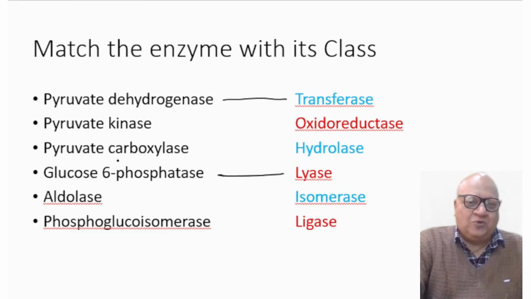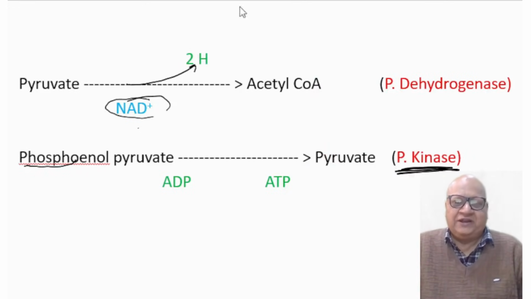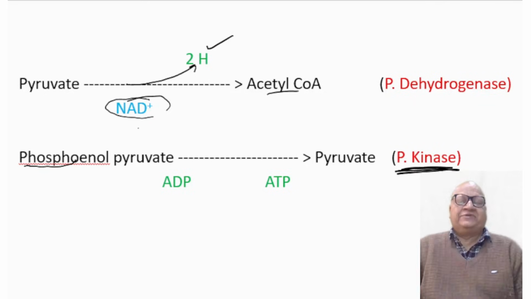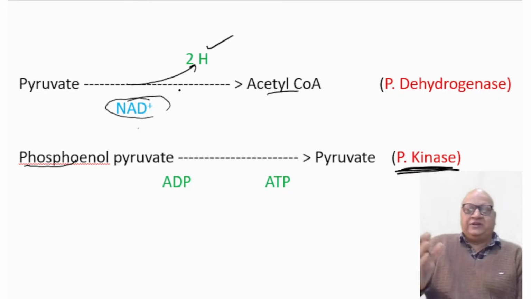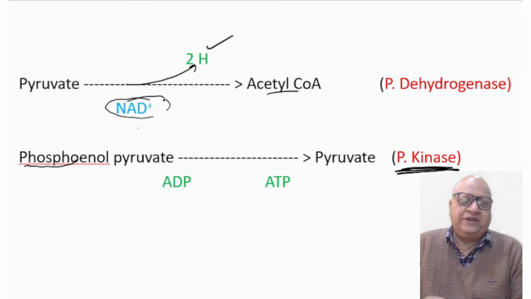So, we come to the first enzyme of our list, pyruvate dehydrogenase. What is it doing? It is converting pyruvate to acetyl coenzyme A by removal of 2 hydrogen atoms. And removal of hydrogen atoms, dehydrogenation, this is oxidation.